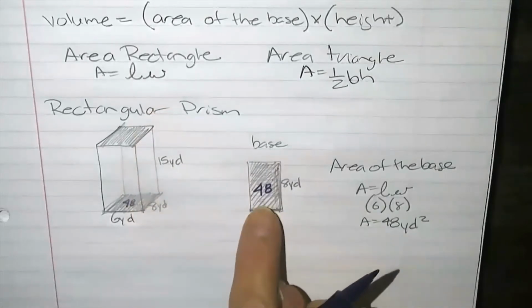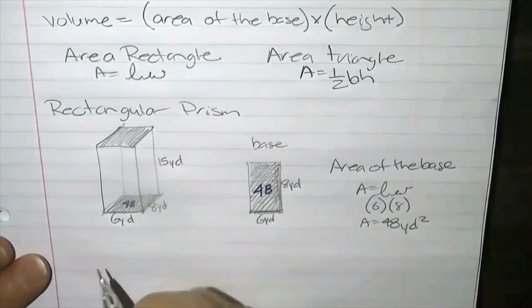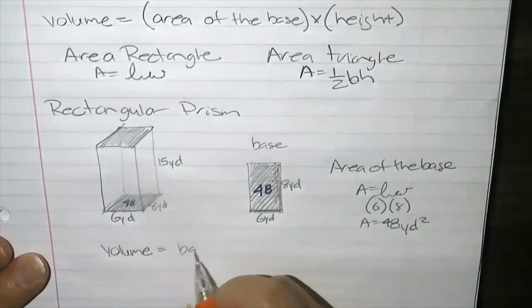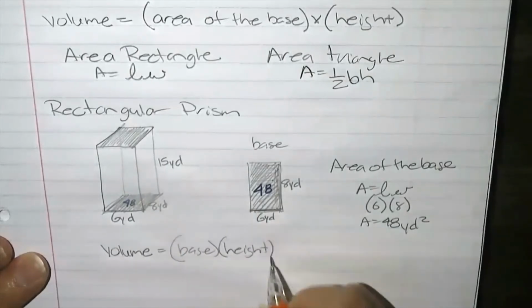So we have 15 of these bases stacked on top of each other. So it's a multiplication problem. The volume is equal to the base times the height.